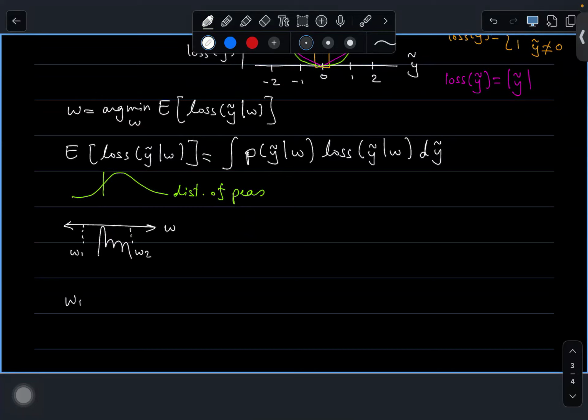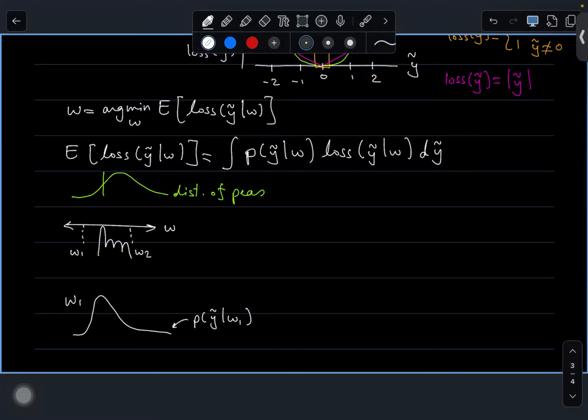A little bit to the left is W1, a little bit to the right is W2. If I move my finger to W1, suppose that this is the function that describes the distribution of the peas. So this is the probability of my errors given W1. If I choose my finger to the left, this is what it looks like.